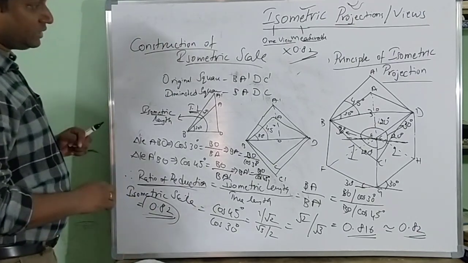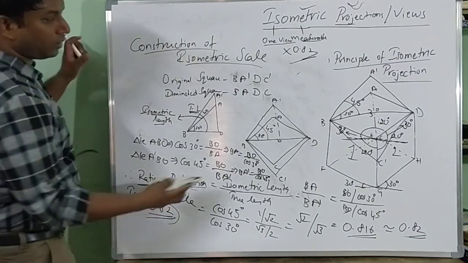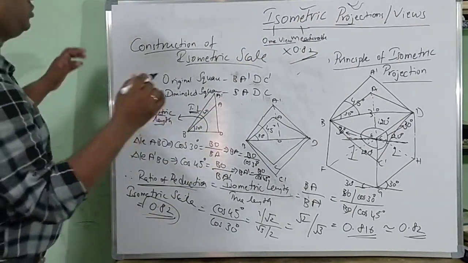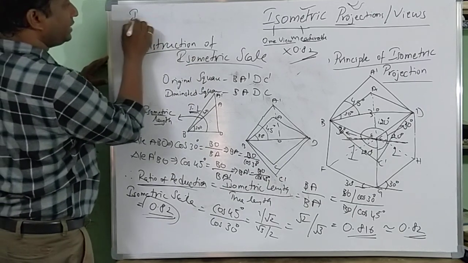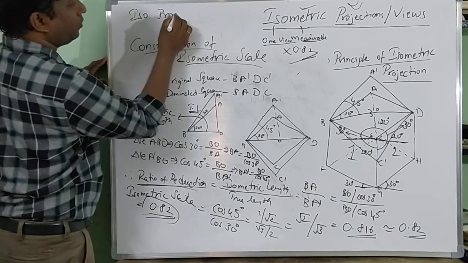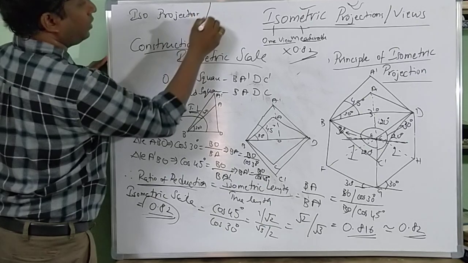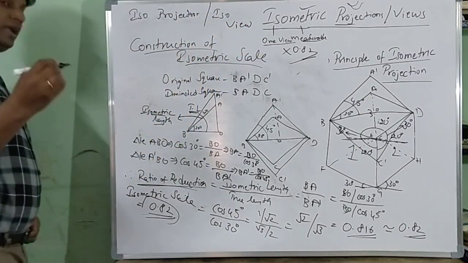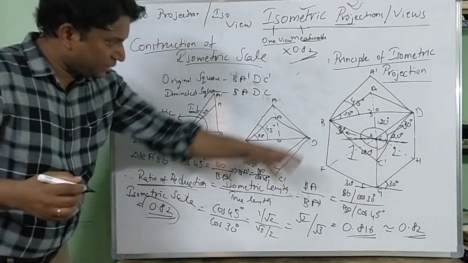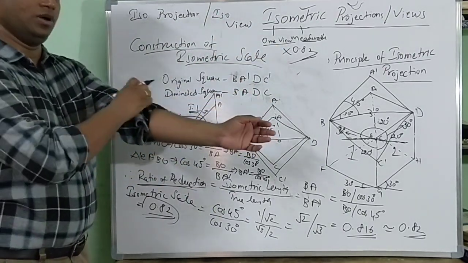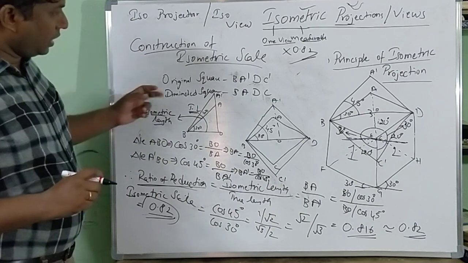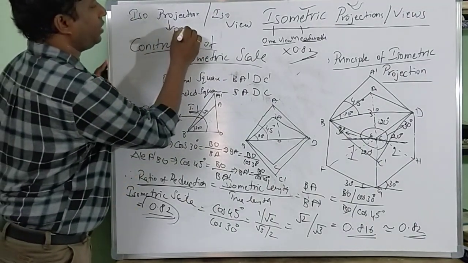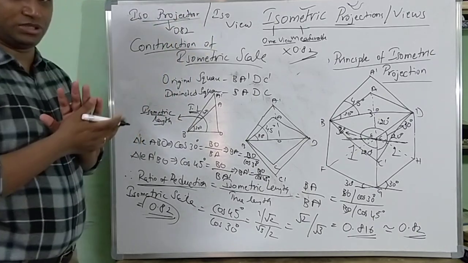Now you have understood what isometric projection is. I would like to give the difference between isometric projection and isometric view. As per this discussion, we clearly understood that the isometric scale 0.82 is always applicable for isometric projections.